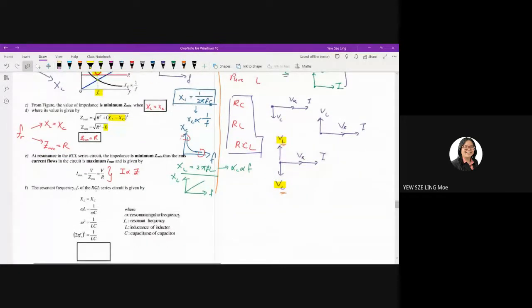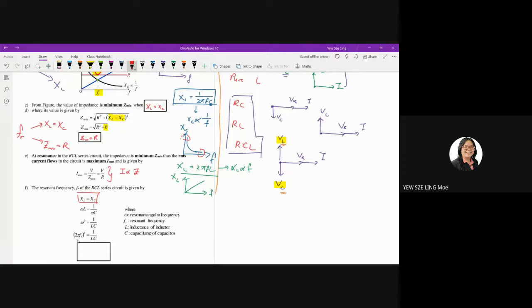So the resonant frequency, how are we going to calculate it? Since the equations for XC and XL come with frequency, we are going to derive it from this relationship. When XL equals XC, omega L, or we say 2 pi F L, is equal to 1 over omega C. Rearranging the equation, we have omega squared equals 1 over LC.